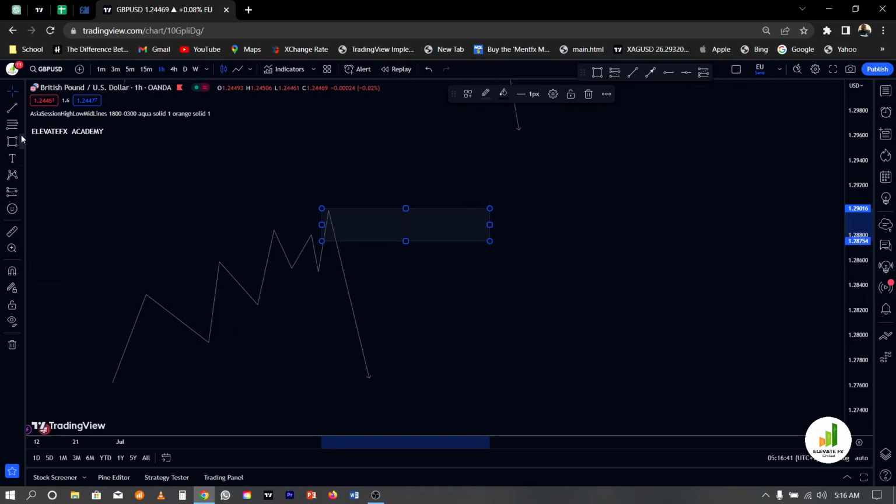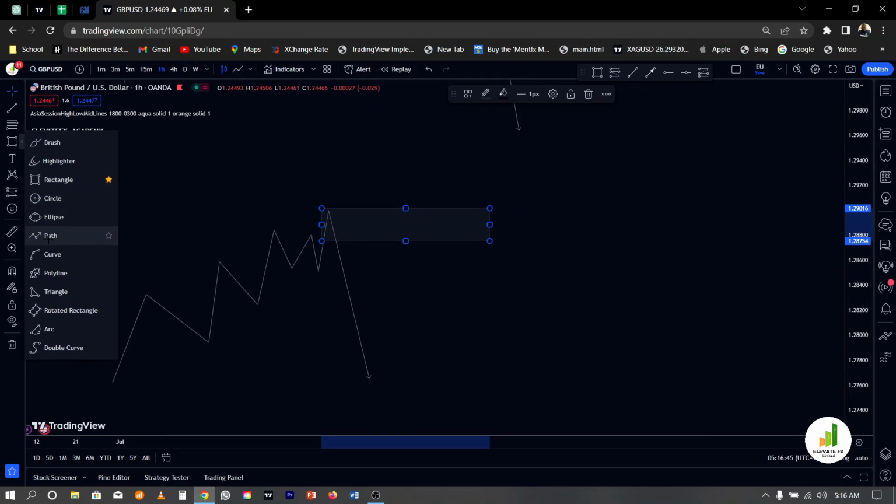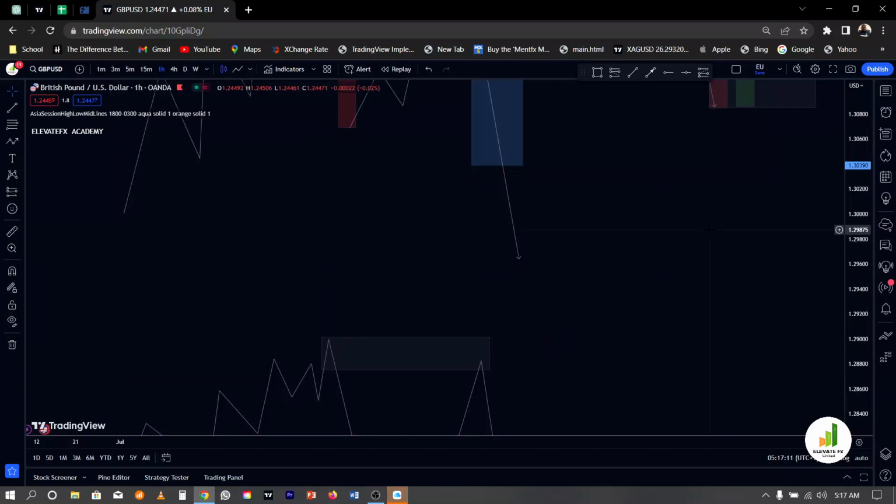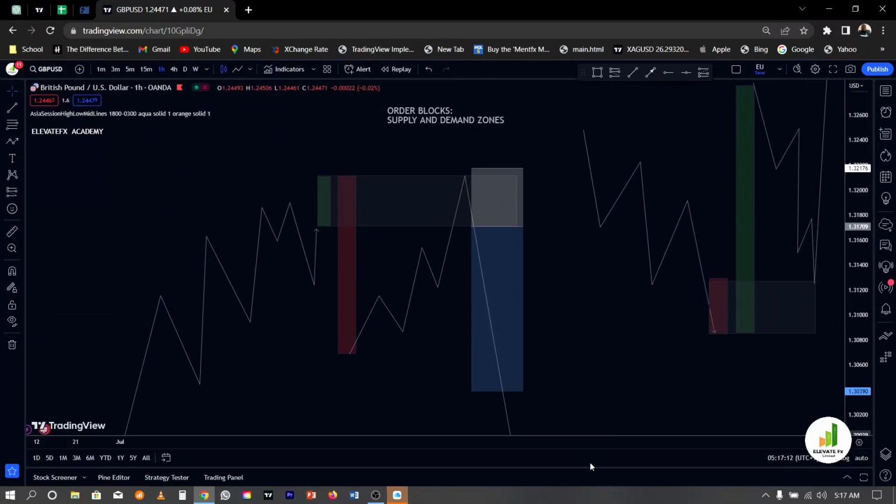Then we wait for price to come back into the zone, giving us an opportunity to trade it, and that's how we get involved in the market at an order block, right? We have two types of order block: a bearish order block and a bullish order block. An order block that sends price down or lower is referred to as a bearish order block, while one that pushes price to the upside is referred to as a bullish order block.